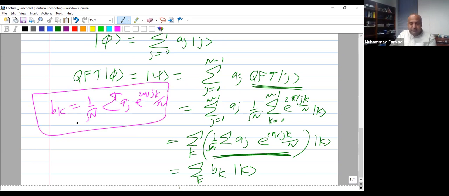So this is a classical computation: there are some numbers aj's, and you can think of it like this. For example, you have a signal which has a length of n. So it starts at 0. There is some value, let's say it's a function like this. So these coefficients, let's say they are aj's.